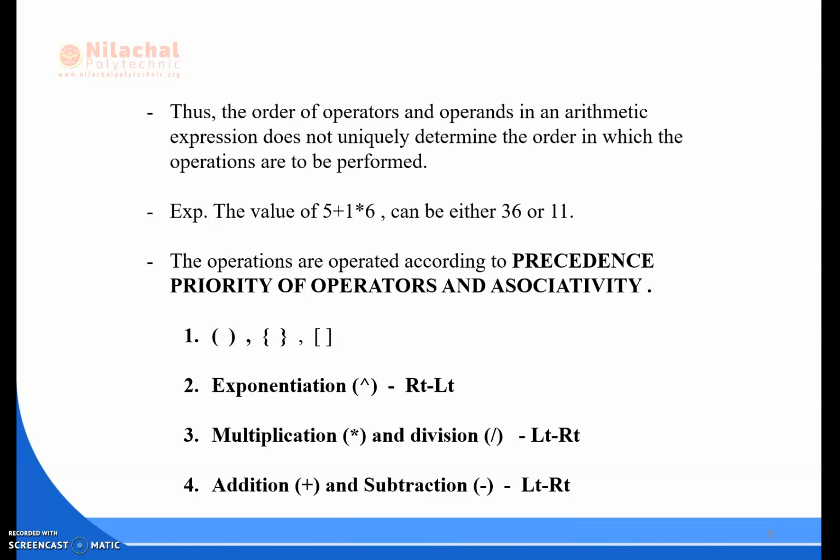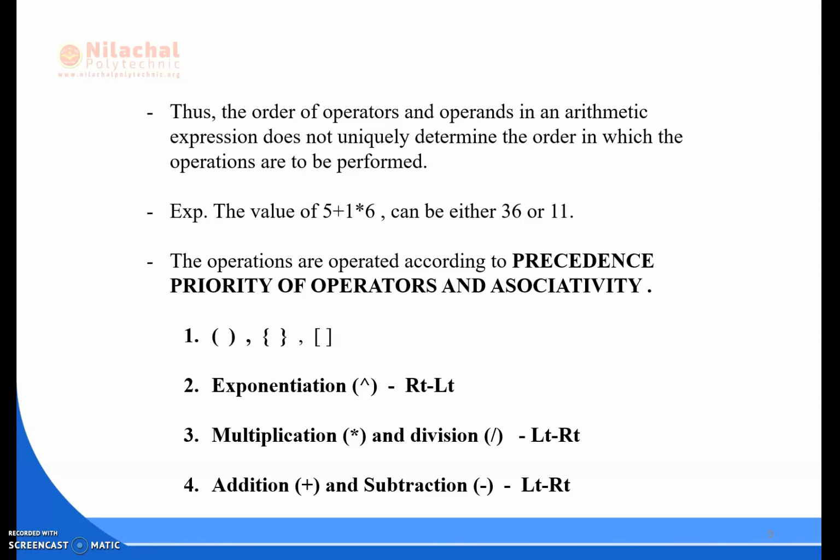The first priority is given to the brackets. It can be half brackets, curly brackets, or square brackets. When we see brackets in an arithmetic expression, they are solved first. Next, the exponential sign, or power sign, is given the next priority.